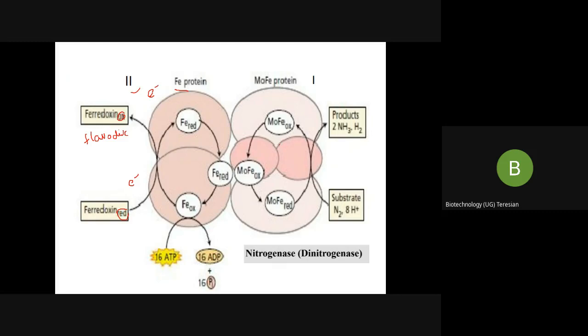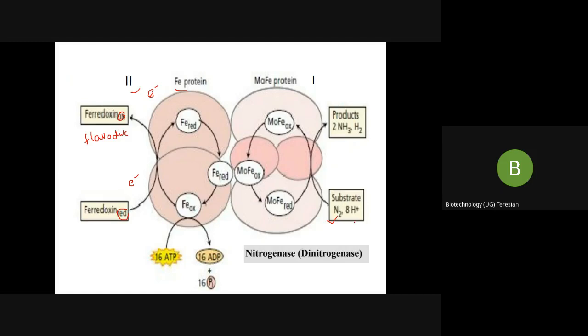So in the molybdenum iron protein, all the electrons will go into this. Then your molybdenum iron protein can go and react with nitrogen and hydrogen, that is your substrate, the atmospheric dinitrogen and the protons which are present.